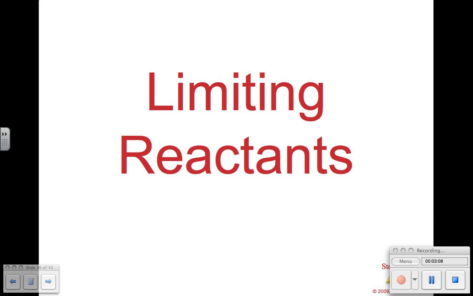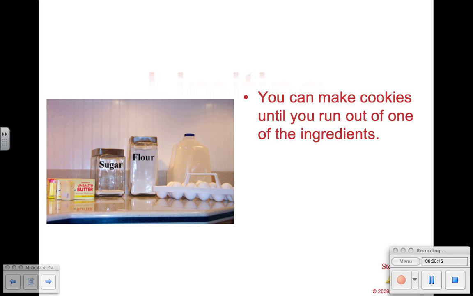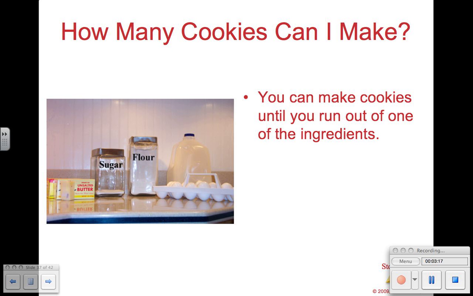Okay, so now the last component, or the way that stoichiometry is often applied, is in limiting reactant type problems. And this is the idea that, so I've got this material here, I've got butter, sugar, flour, milk, eggs, and I want to make cookies. What am I going to run out of first?